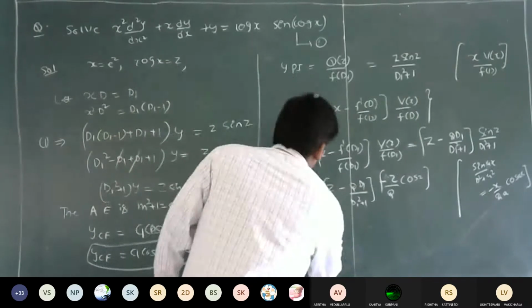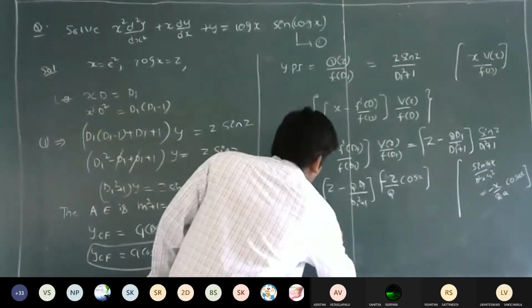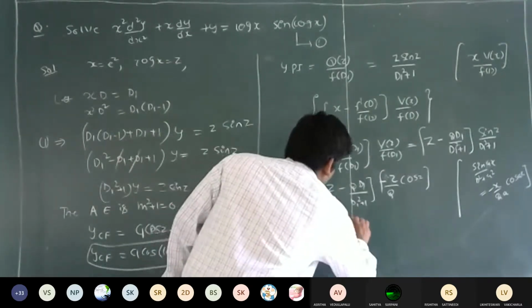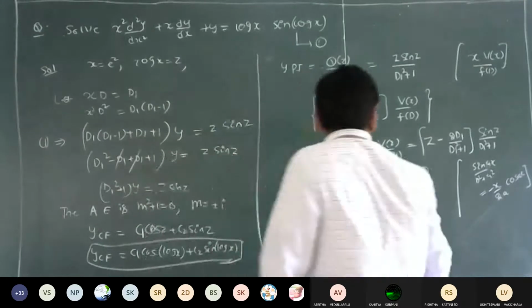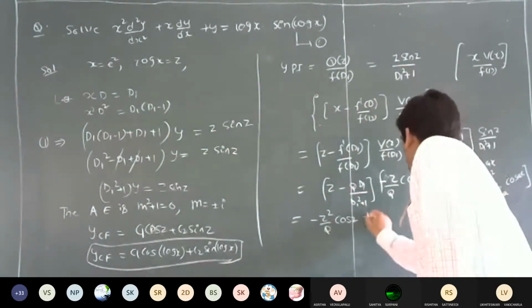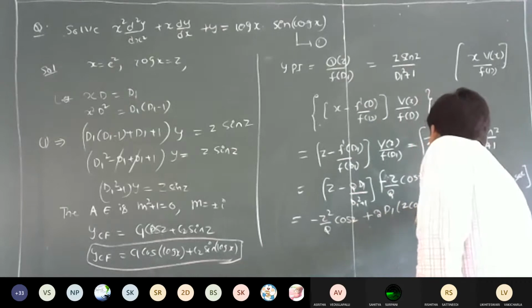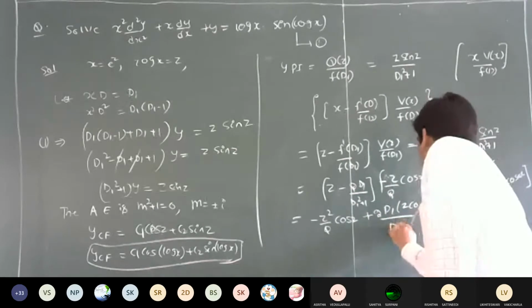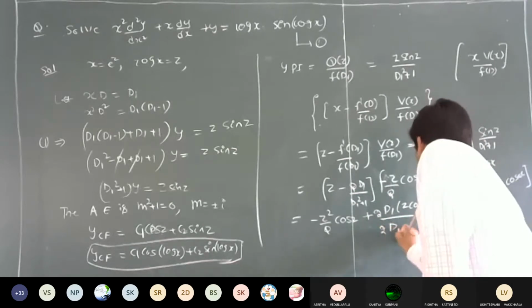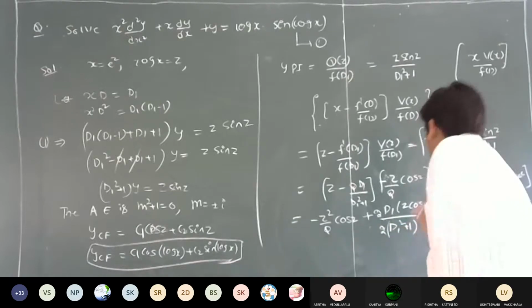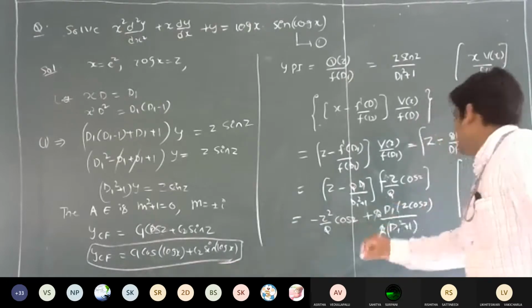So now we have to apply that one. So simplify that one. It becomes minus z square by 2 cos z. Next one. So minus into minus plus. So this is 2d1 into z into cos z by 2 d1 square plus 1. Here 2 gets cancelled.